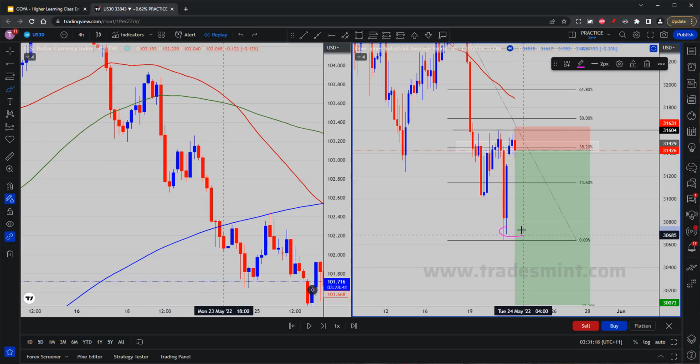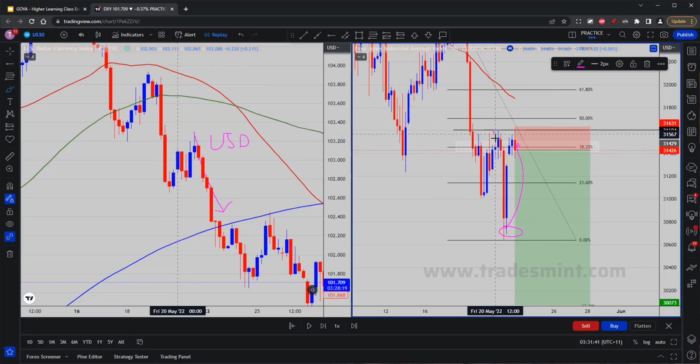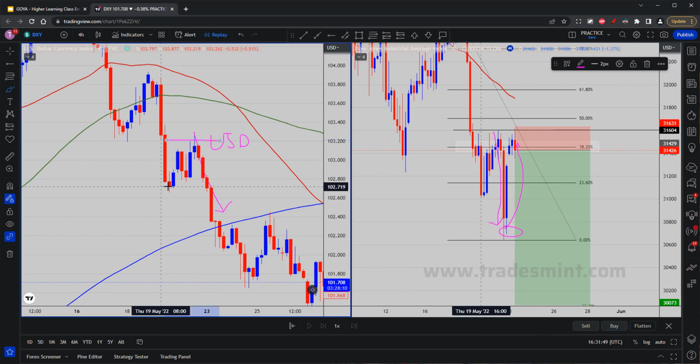So basically from this week here all the way here, US30 is appreciating, and we see that the DXY is depreciating, okay, in this fashion. So USD is going down. Now if we look a bit before, from the movement of going here to here, US30 is going down, and the DXY is going a bit up, but it's mostly just a consolidation.